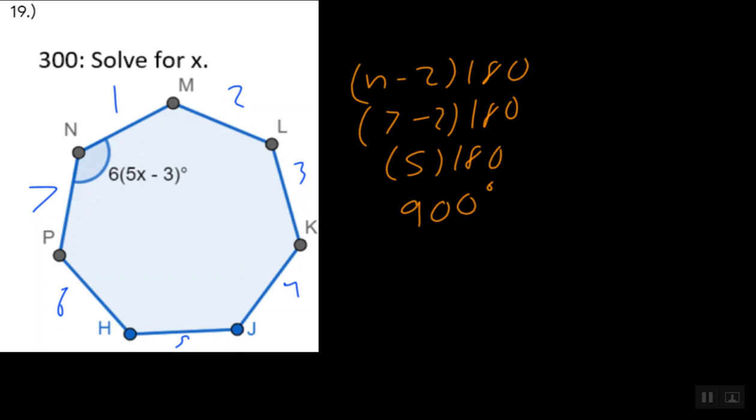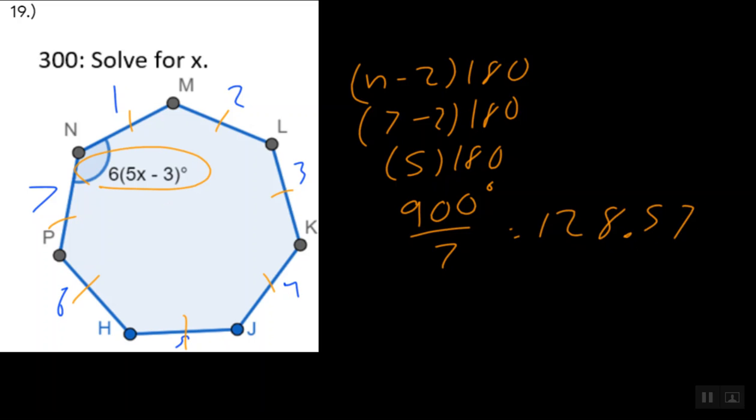That's all of these. You'll also notice that this is a regular polygon. I should have told y'all that specifically. But if it's a regular polygon, that means all the angles are the same. We can simply divide 900 by 7. Now whatever that equals, let me just grab a calculator here real quick. 900 divided by 7 will be 128.57.